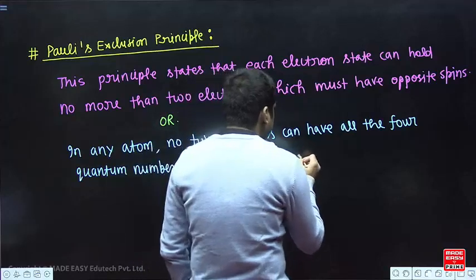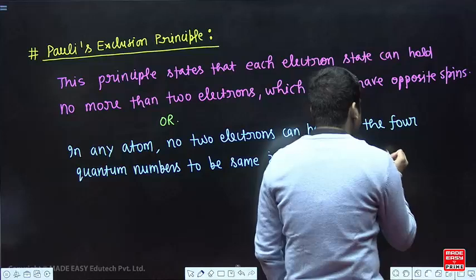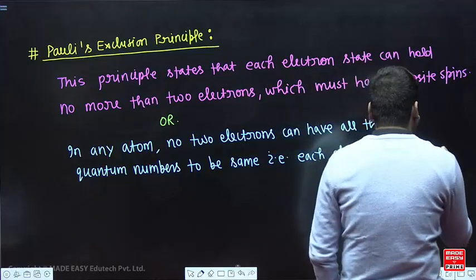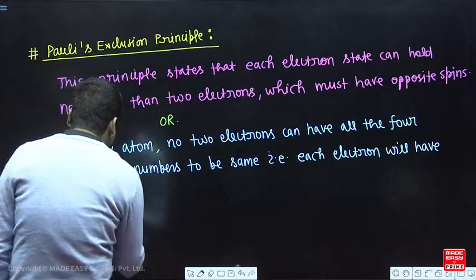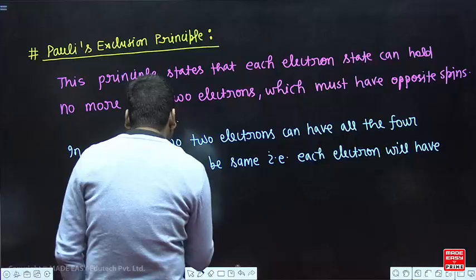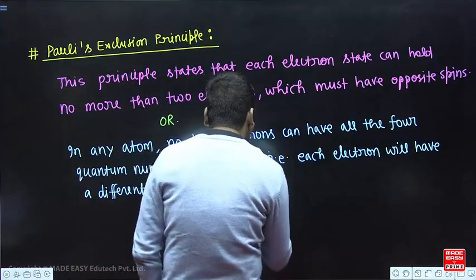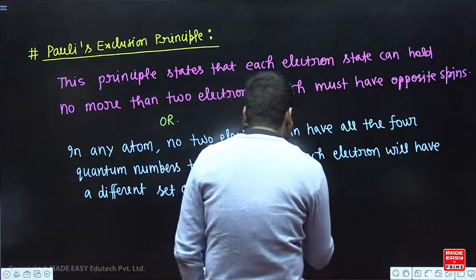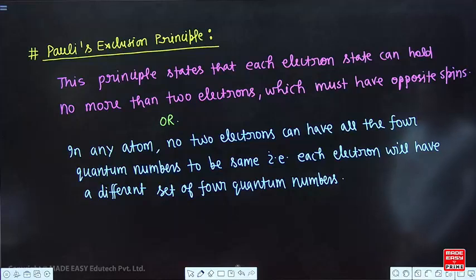That is, each electron will have a different set of 4 quantum numbers.